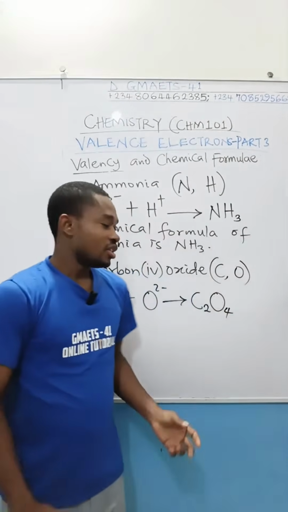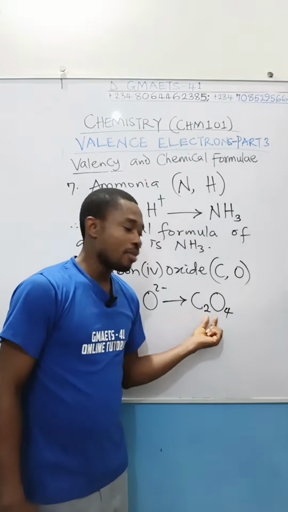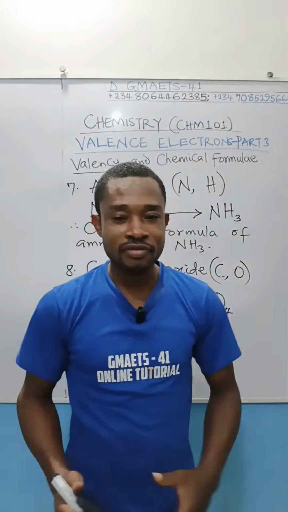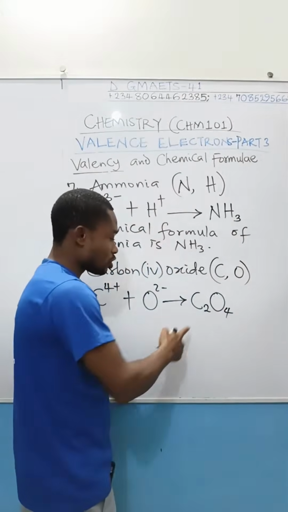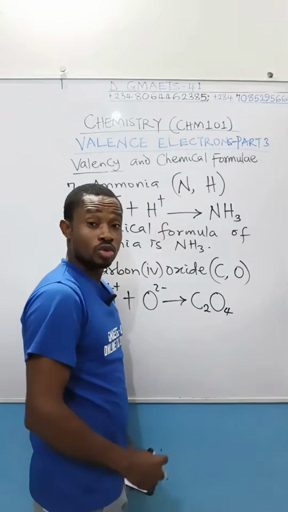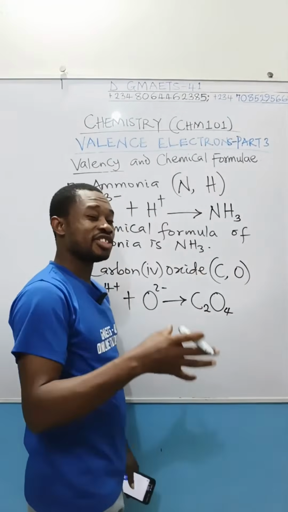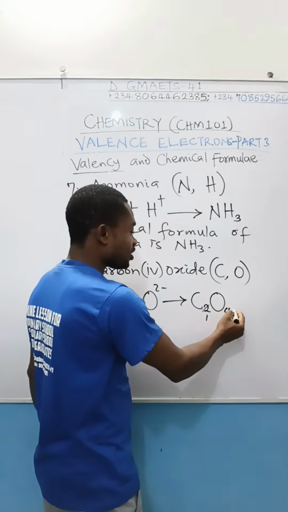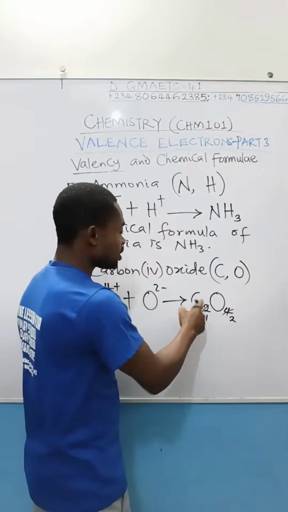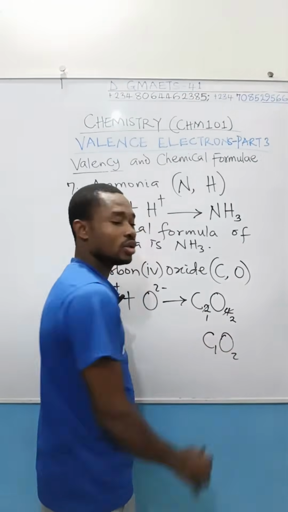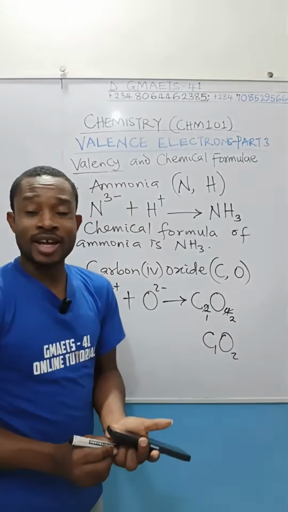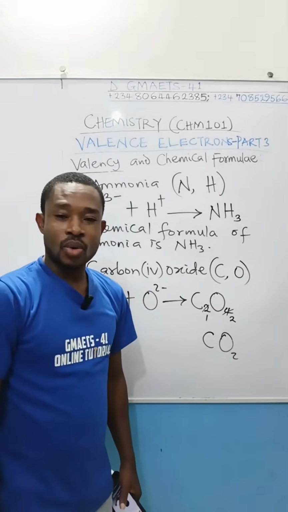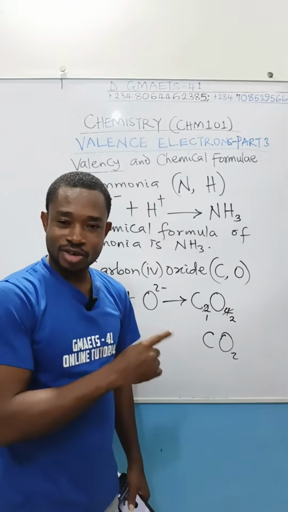Now observe, you have atomicity of 2 for carbon, atomicity of 4 for oxygen. 2 and 4 have a highest common factor, which is 2, so you have to reduce this by 2, reduce this by 2. Divide 2 by 2, you get 1. Divide 4 by 2, you get 2, which means this is actually C1O2. And you know, we don't show atomicity of 1. So I'll wipe this, and carbon dioxide is CO2.